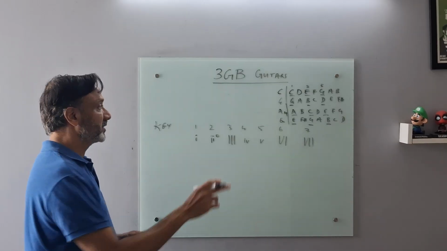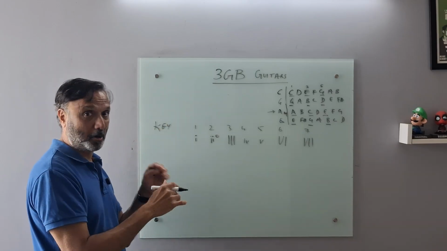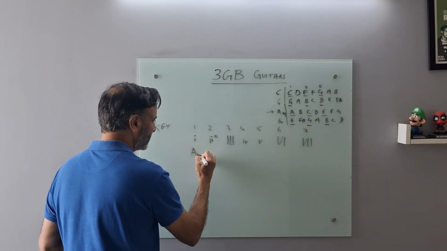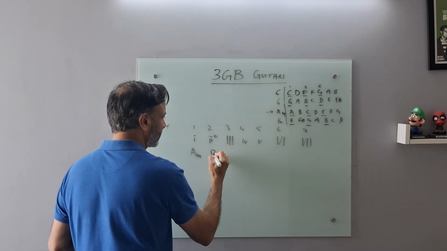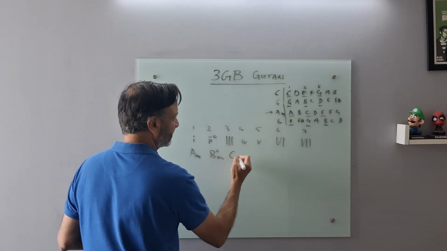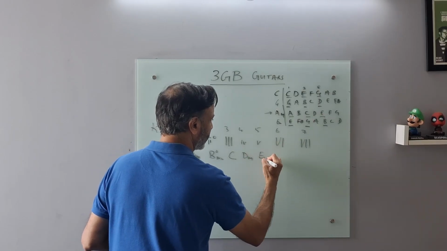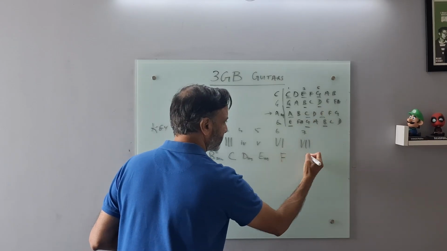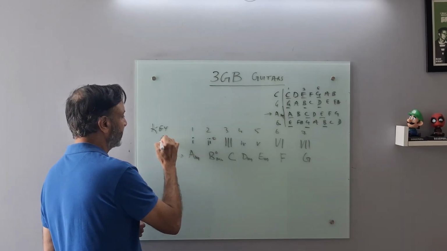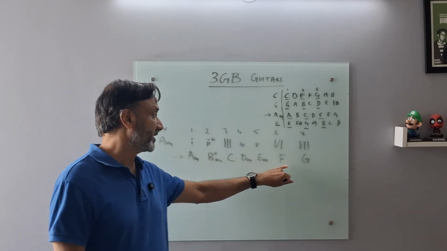Now, if I take the notes that are part of the A minor scale and put them as chords here, you will get A minor, B diminished, C major, D minor, E minor, F major, G major. That's it. So all the chords that are part of the A minor key are A minor, B diminished, C, D minor, E minor, F, and G.